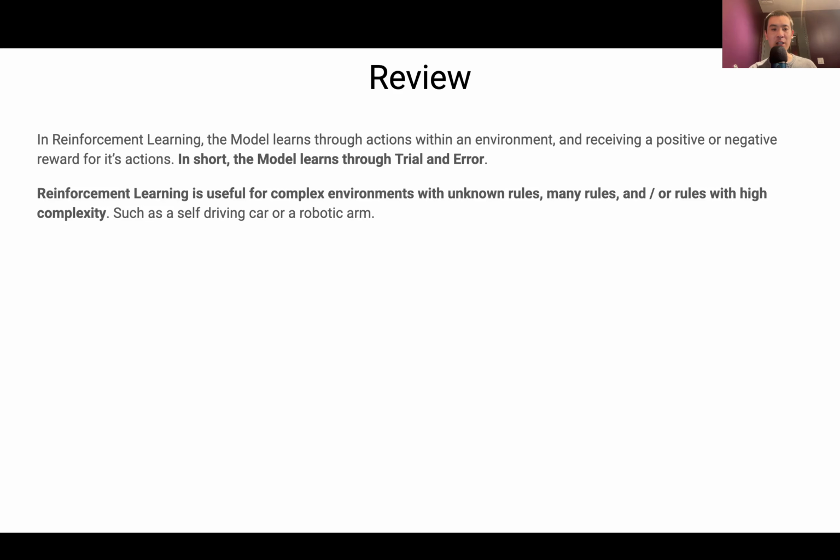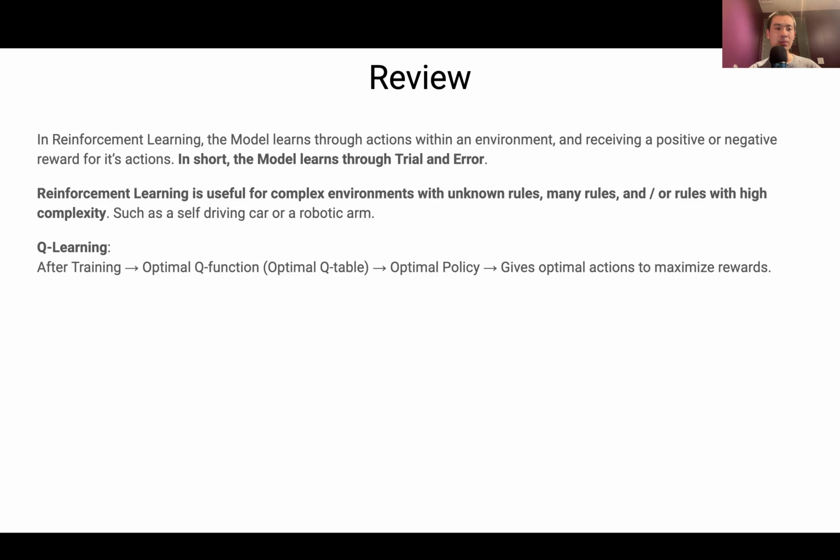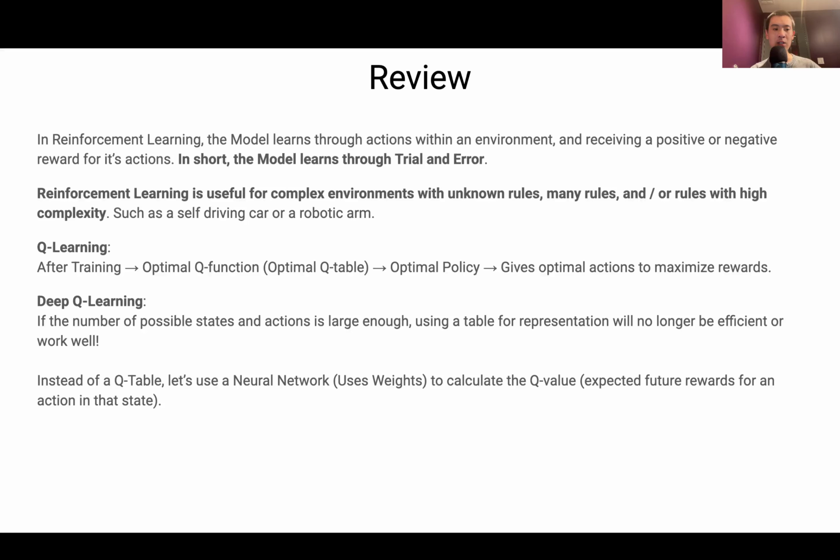Reinforcement learning is useful for complex environments with unknown rules, many rules, and or rules with high complexity, such as a self-driving car or a robotic arm. In Q learning, after training, we get an optimal Q function that gives an optimal Q table, that gives an optimal policy, that gives optimal actions to maximize rewards.